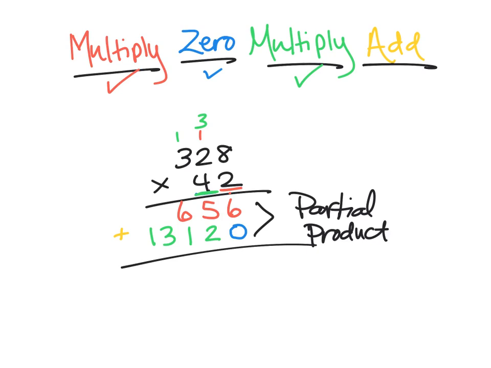When we add them up together, it equals the final product. So I'm going to do that right now. I'm going to add 6 plus 0 is 6, 5 plus 2 is 7, 6 plus 1 is 7, and so our final answer is 13,776. That is our final product.